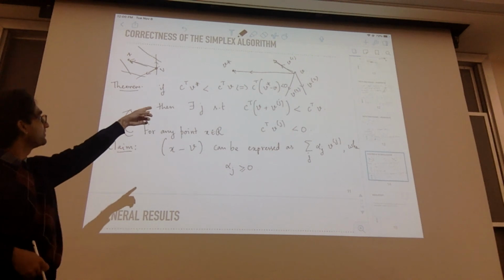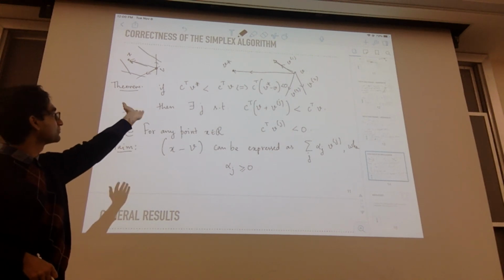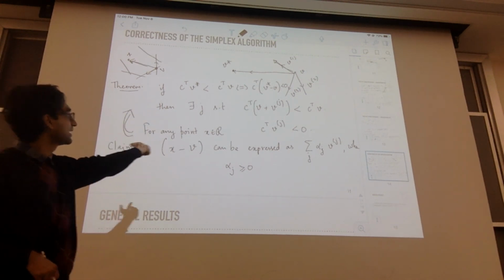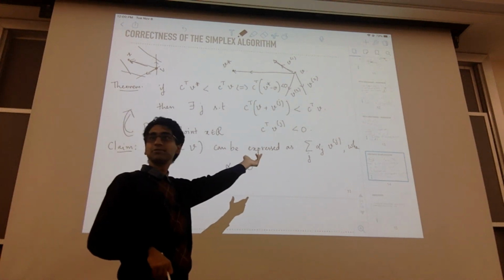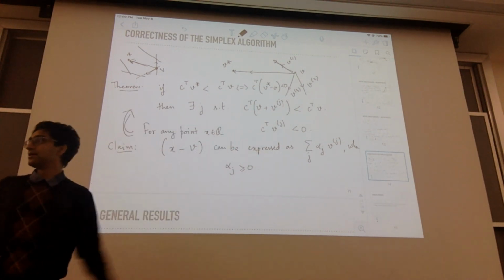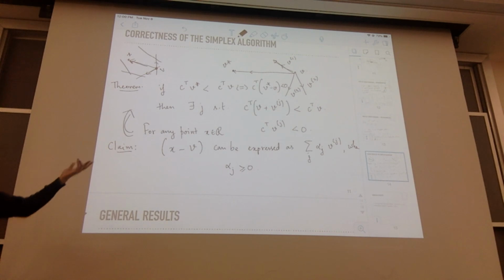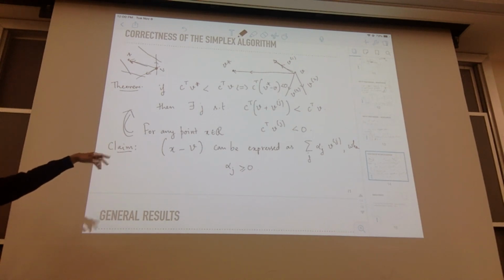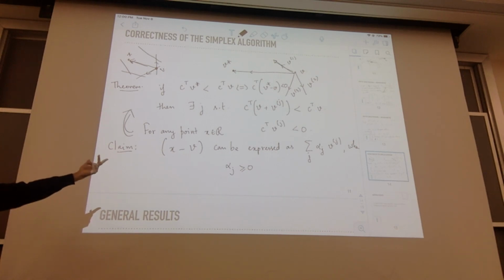Then could it be that C transpose times Vj is always positive, but the sum of alpha j times that is negative? It can't be.